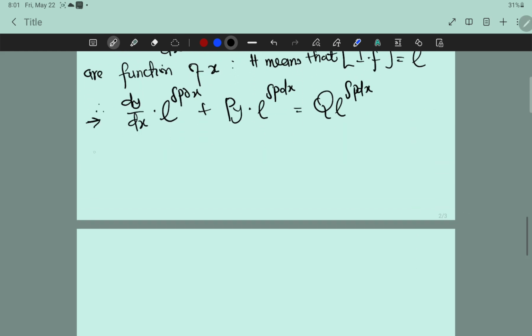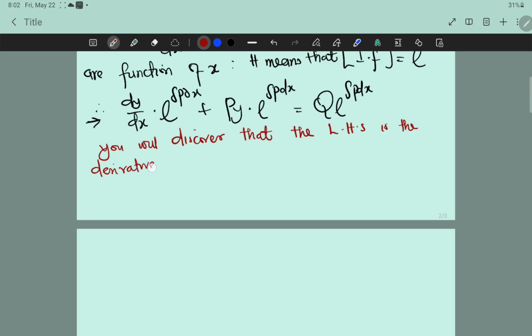Now, once you do this, you will discover that the left hand side is the derivative of y multiplied by e to the power of the integral of p dx. That's what we are saying.